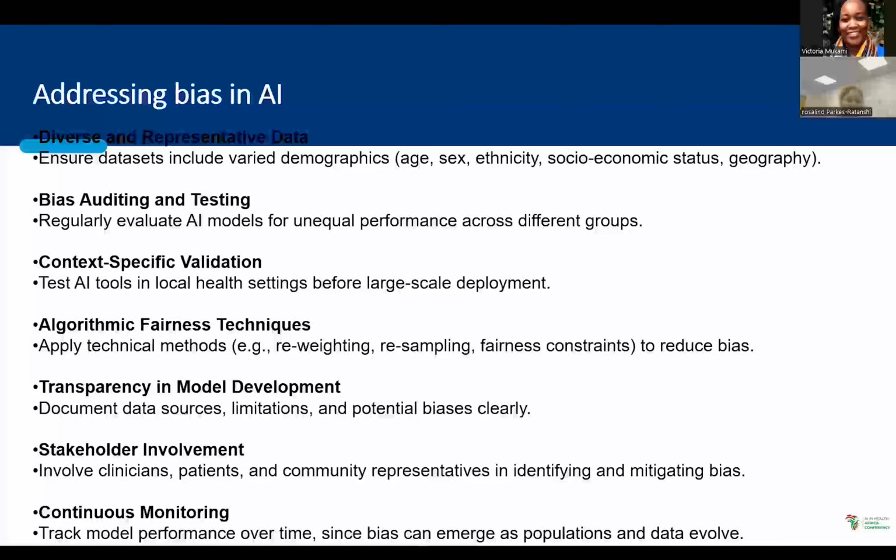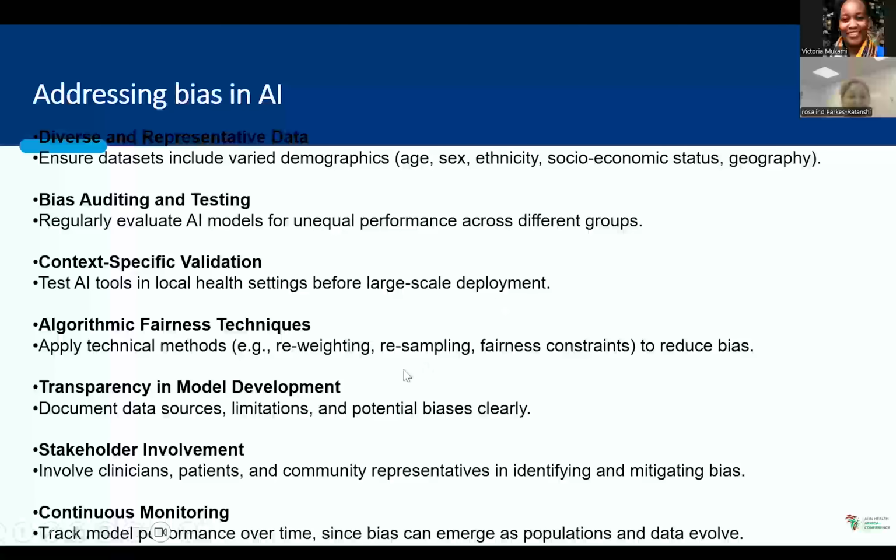You can be on target for one population, but when you move it to another population, it can underfit because it's just not designed for that particular population. So when we move these tools into new populations, we have to test them again. We have to make sure that they're working properly.